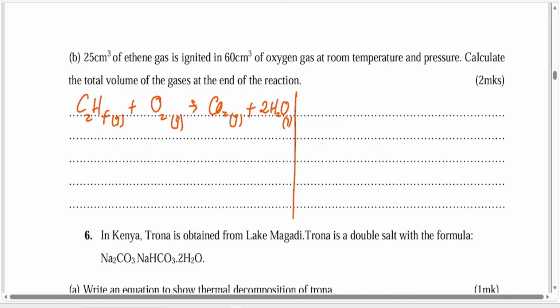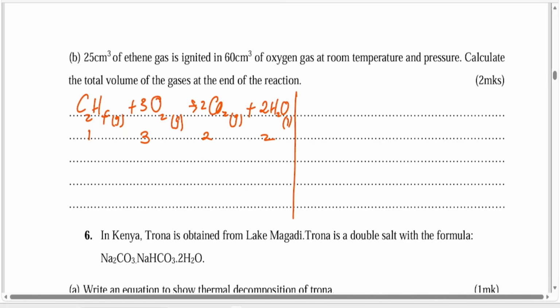We balance the equation by putting a 3 on oxygen, 2 on carbon dioxide and 2 on water. The mole ratios are 1 mole to 3 moles to 2 moles to 2 moles.